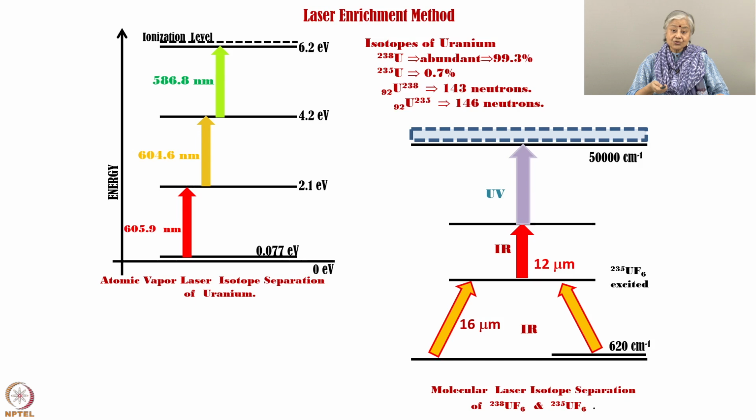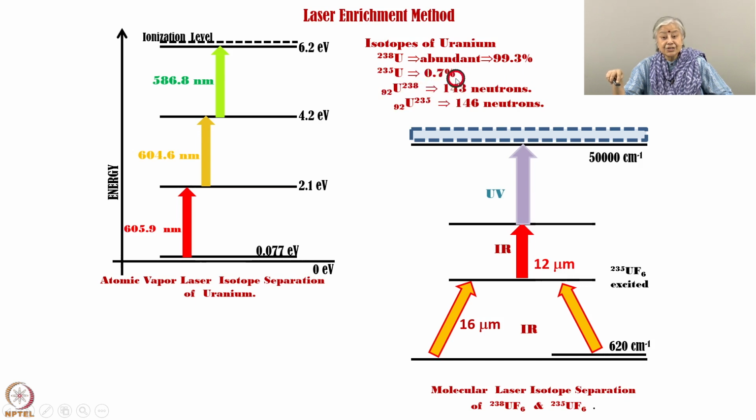Because in the case of uranium, here I show the isotopes of uranium. Uranium 238 is the most abundant, that means it is 99.3%, and uranium 235 occurs in natural form in 0.7% only.